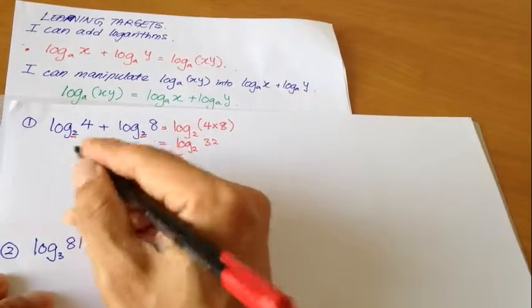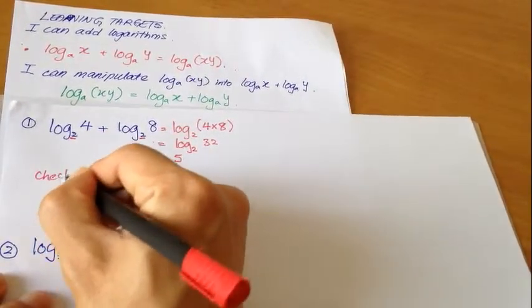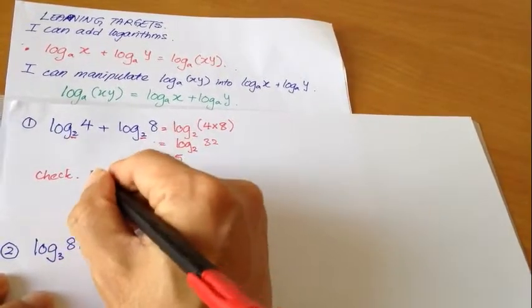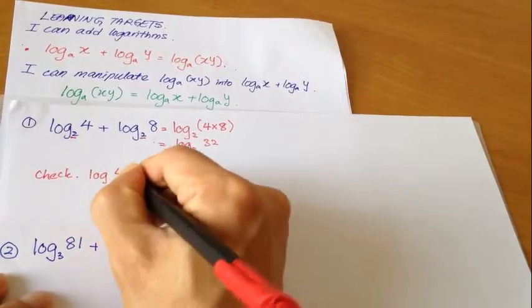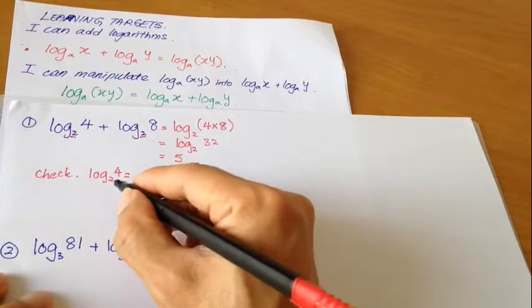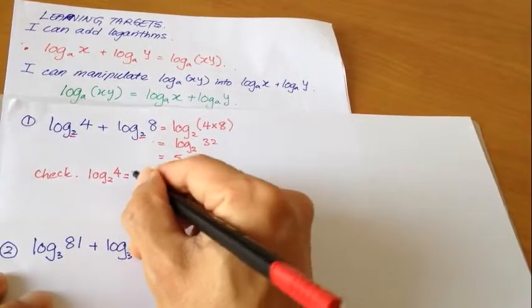Alright, and is this the correct answer? We can do a check because the left hand side of this equation is relatively simple. So logarithm 4 base 2, I can evaluate that as well. How much must the base 2 be raised to get 4? The answer here is 2.